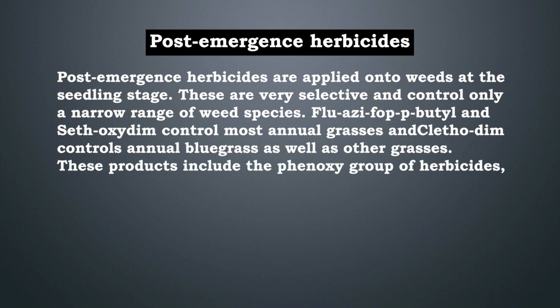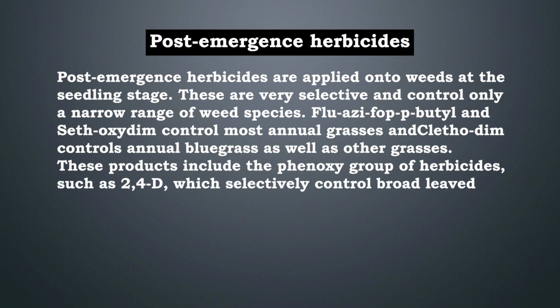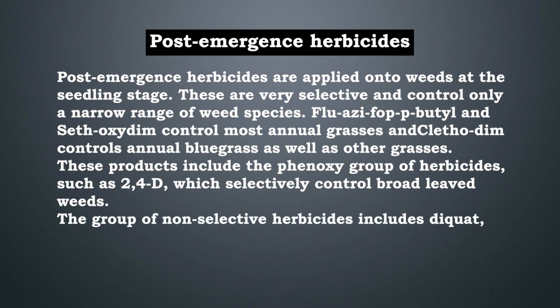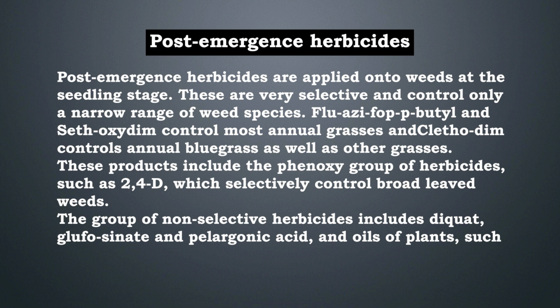These products include the phenoxy group of herbicides such as 2,4-D, which selectively control broad-leaved weeds. The group of non-selective herbicides include Dicot, glufosinate, and Pelargonic acid, and oils of plants such as eugenol.